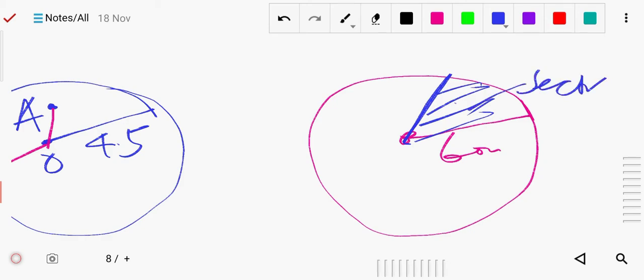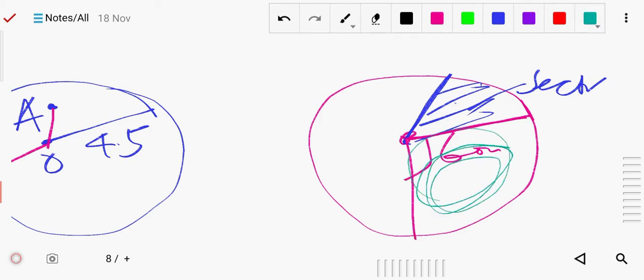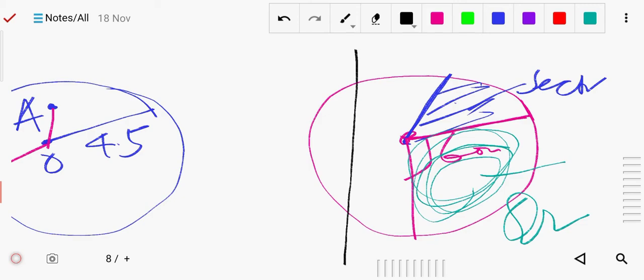Then it is asking for a quadrant. It means these two radii I have to take and their angle should be 90 degrees. So now you have to set this portion, and this is your quadrant. Next you have to draw the secant. A secant is any line which passes through the circle and intersects it at two different points. So you just take any line and pass it through here.